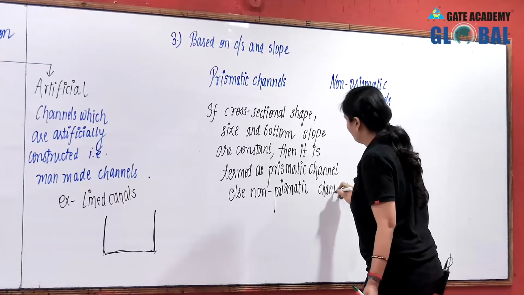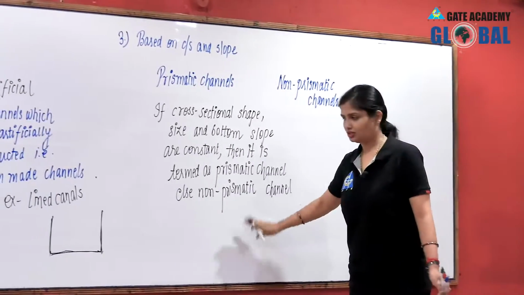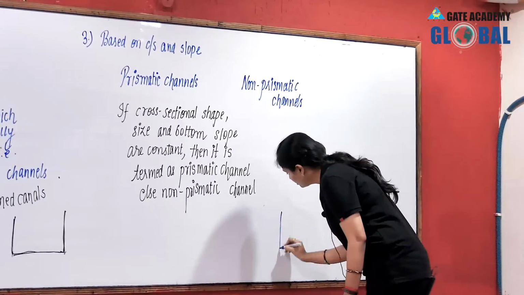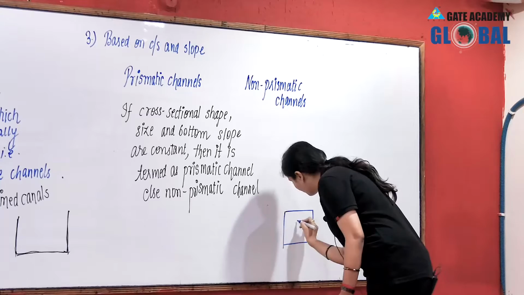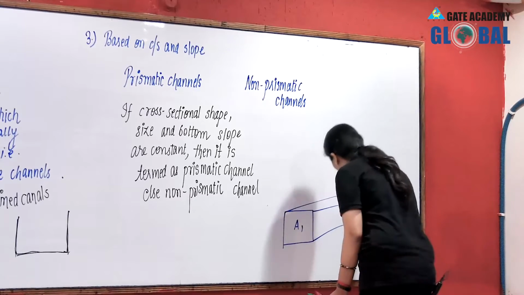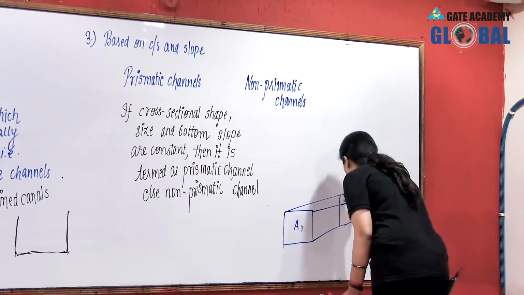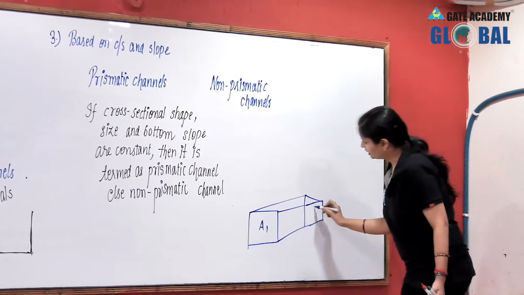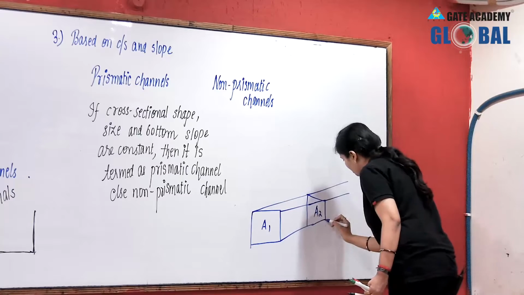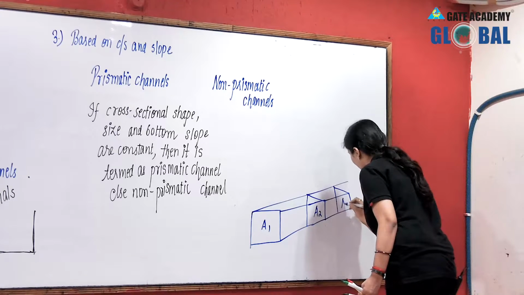Now, it's not possible for me to draw the 3D diagram on this 2D board, but just to make you understand, I'll try. Suppose this is a cross-sectional area A1. Let me draw. So some sort of cross-sectional area A2, and if I extend it further, this is some sort of A3.